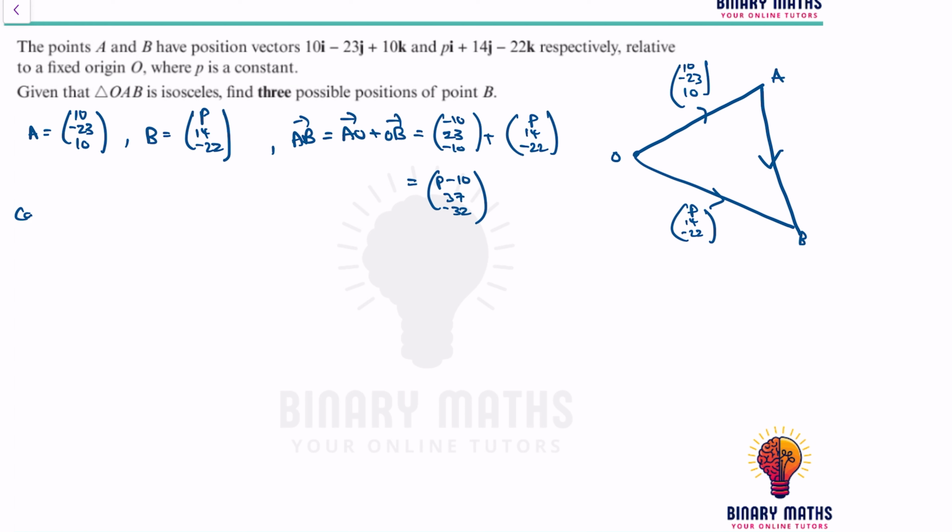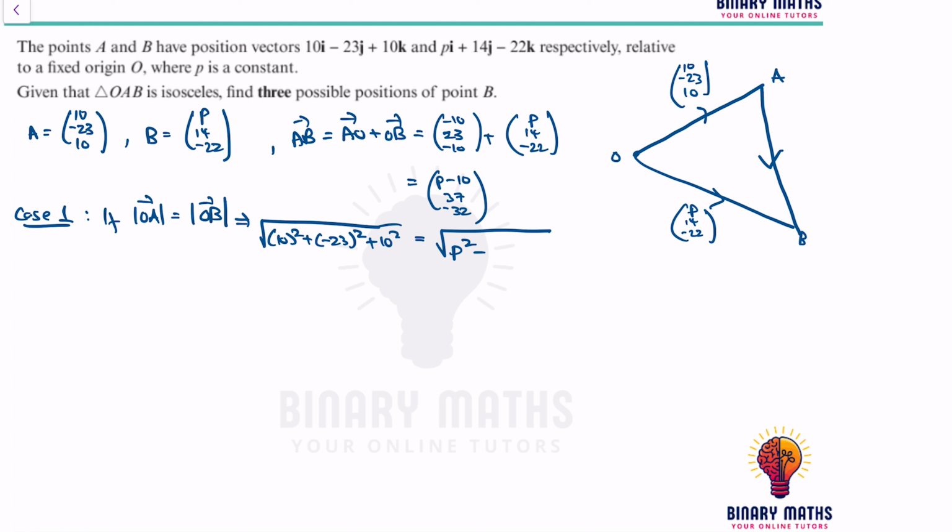Case 1 is when the magnitude of OA is equal to the magnitude of OB. This implies that the magnitude of O to A, which is the square root of 10 squared plus (-23) squared plus 10 squared, must be equal to the square root of p squared plus 14 squared plus (-22) squared.